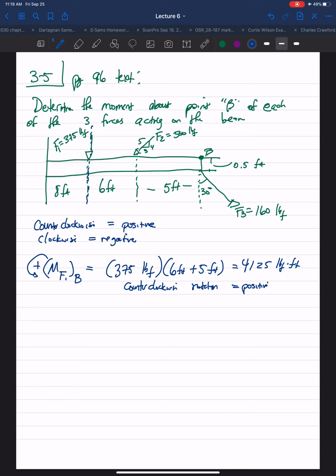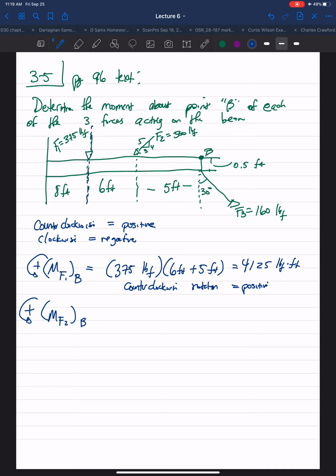Let's look at F2. The moment caused by F2 about point B. Now F2 is at an angle, and the angle is given to you, a 3, 4, 5 slope triangle. So there are two components of this force. If you look at it that way, F2 has a component that's vertical and horizontal.